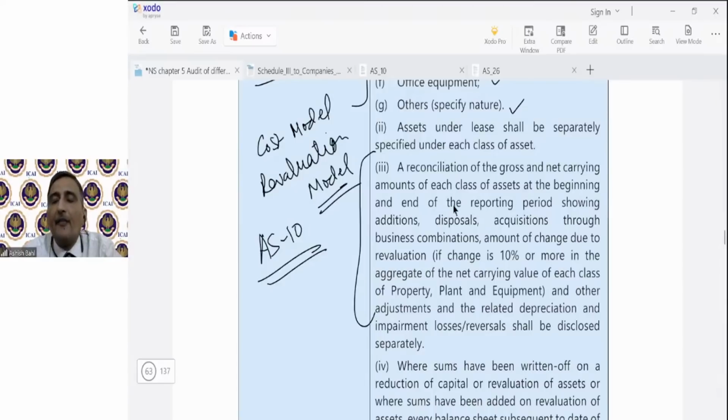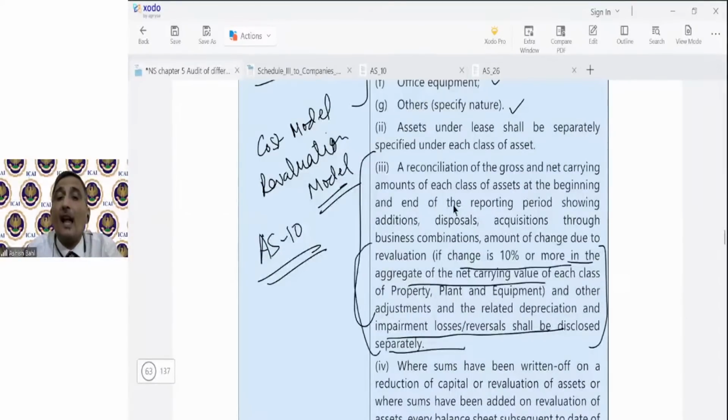So if a class of assets has been revalued, then you have to see its accounting treatment. And if the change is 10% or more in the aggregate, then this shall also be disclosed separately. And remember, students, this revaluation has to be done by a registered valuer under the Companies Act, in accordance with the rules in this regard.